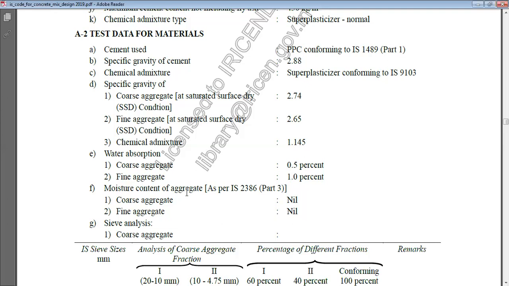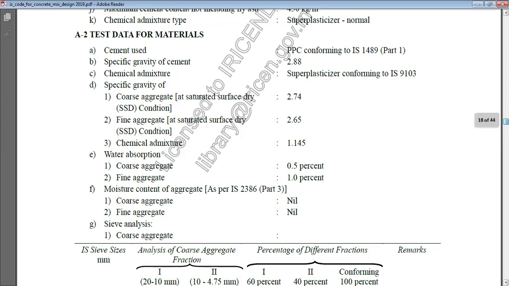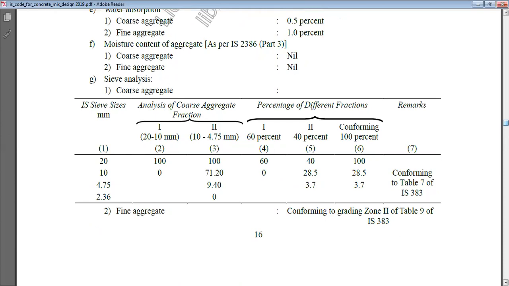Okay. The next given is the moisture content. If moisture is already present in the aggregate, again you need to make corrections. Here it is nil, meaning there is no moisture content in the aggregate before use in the concrete. Next data, very important, is the sieve analysis of the coarse grade and fine grade. Based on the coarse grade sieve analysis, you can classify what type of aggregate it is. In mix design it will not affect much, but for fine aggregate, based on the sieve analysis, we classify it into different zones.